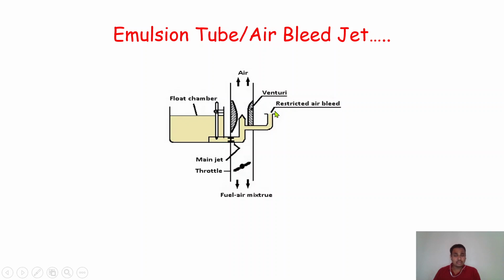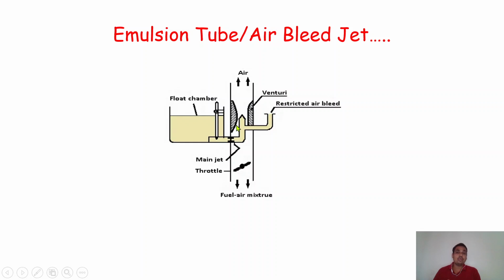Okay, so sometimes what happens, as we discussed, the carburetor has a tendency to supply a rich mixture at the start of the engine as the throttle opens, and at that time the engine requires some amount of air fuel mixture that the carburetor is not able to supply, and because of that the pressure will increase or decrease at the throat section.